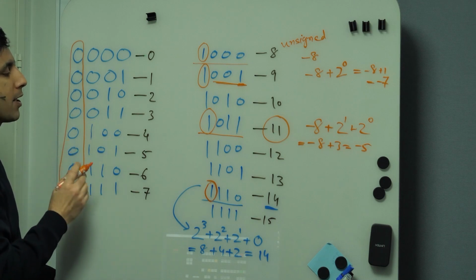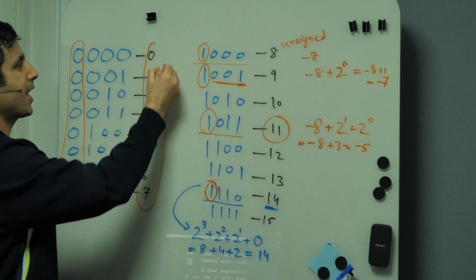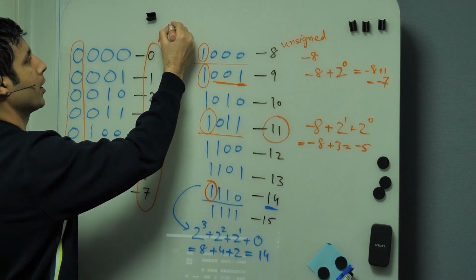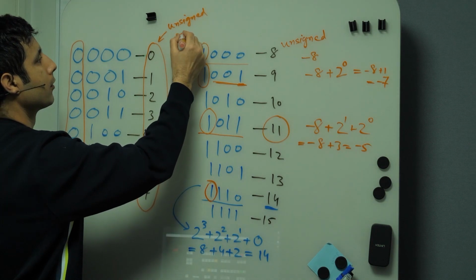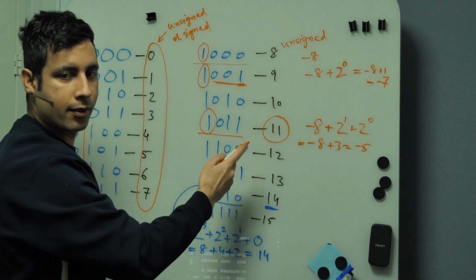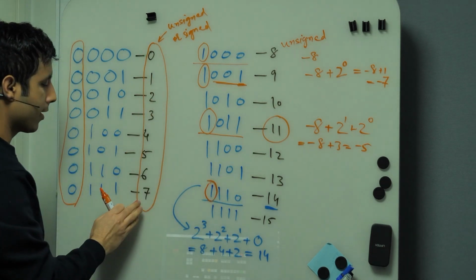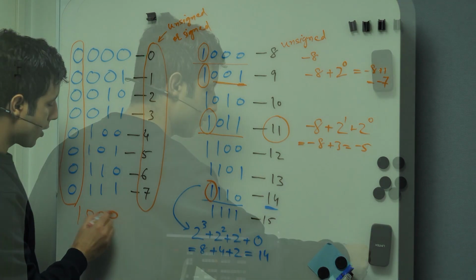That would mean there is no negative weight. So all these values are the same whether you are using unsigned or signed encoding. But then it flips, because as soon as we cross 7, the next pattern is 1 0 0 0.